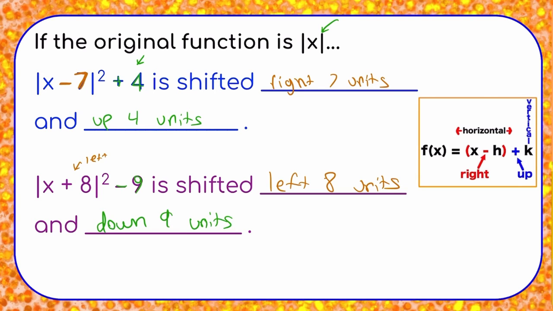I'm hoping you're starting to see the difference between inside parentheses and outside parentheses. This 8 would be inside the parentheses, which are these bars, and the 9 would be outside of parentheses. If it's inside parentheses, it's a horizontal left or right shift. If it's outside parentheses, it's a vertical up or down shift.